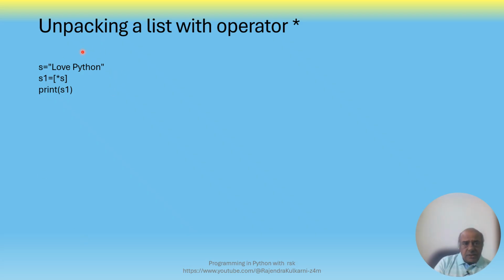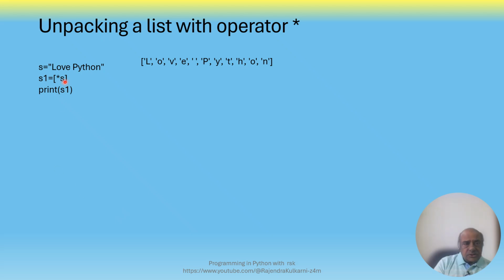I declared a string called S having the content love Python, and when we give S1 as another identifier for a string and assign it with star of S, what we get is an unpacked string, each character in the string appearing as an independent character and all those independent characters separated by commas.